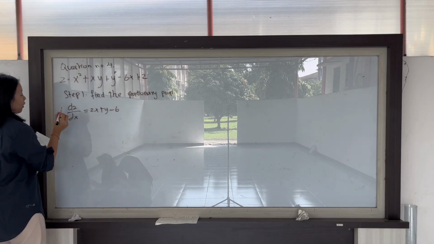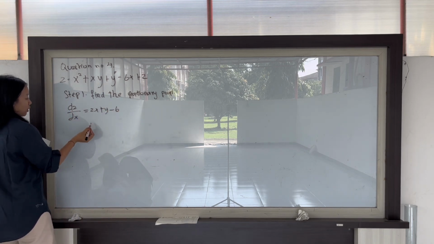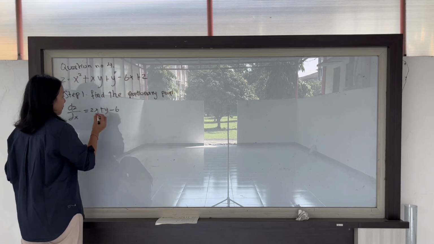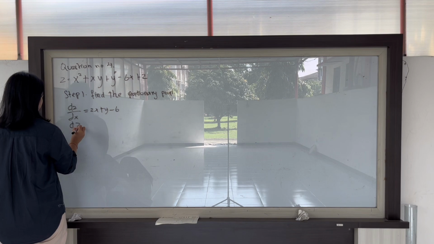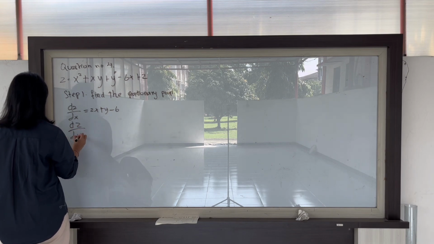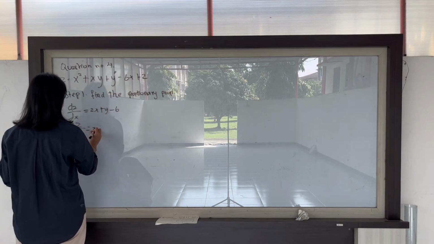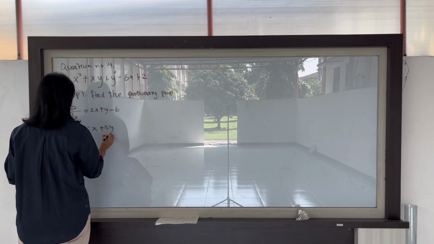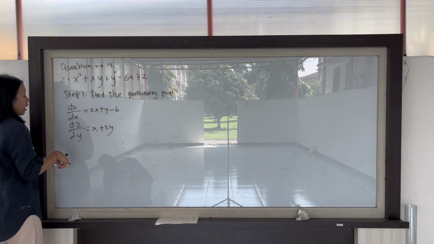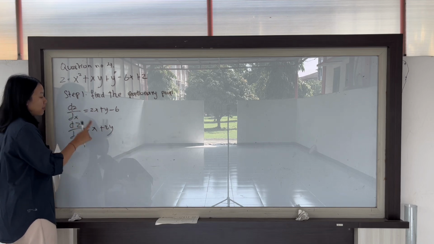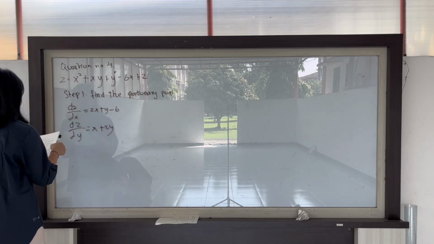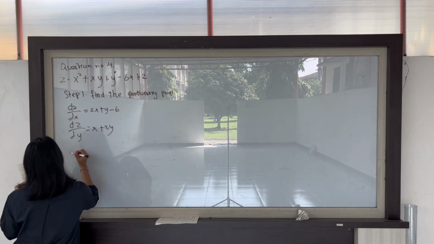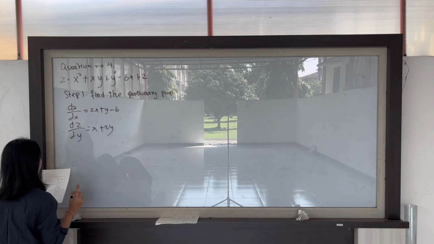∂z over ∂x equals 2x plus y minus 6. And ∂z over ∂y equals x plus 2y. And then set both derivatives equal to 0.